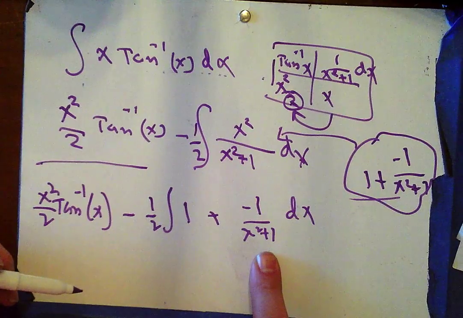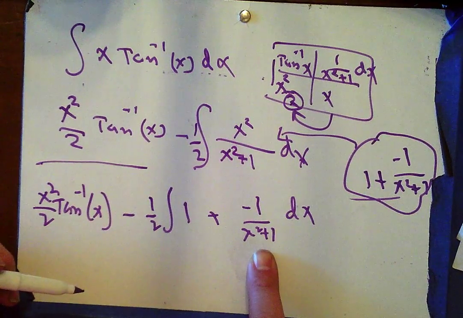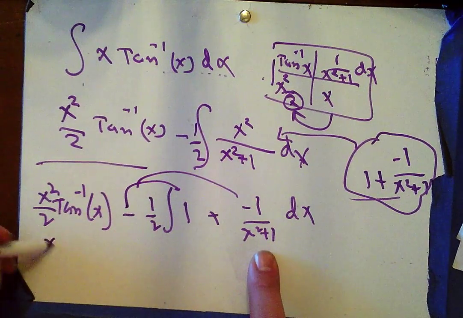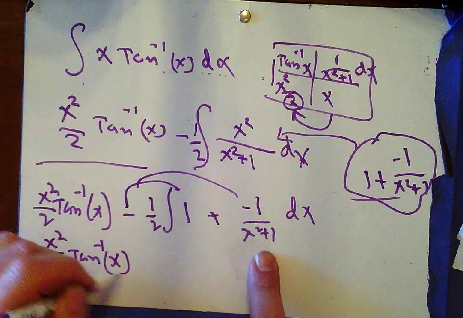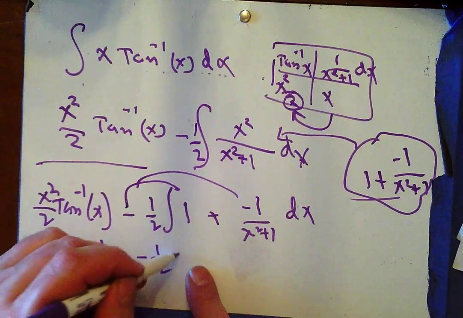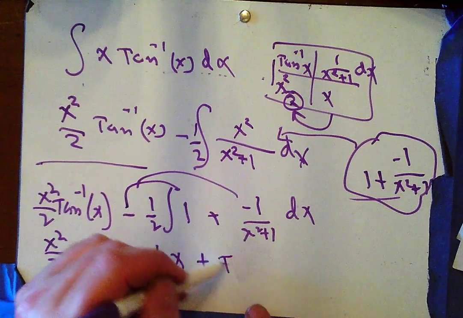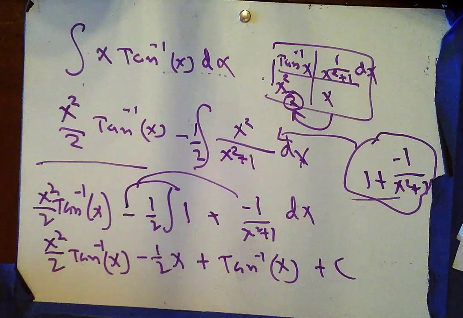The antiderivative of that is inverse cotangent of x, or negative inverse tangent of x. Don't forget this minus goes to both of those. So x squared over 2 tangent inverse x minus 1 half x minus, a minus is plus, tangent inverse x plus c.